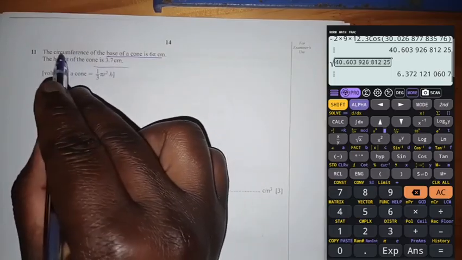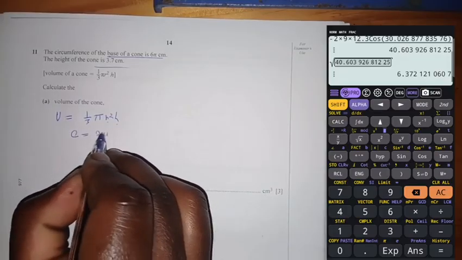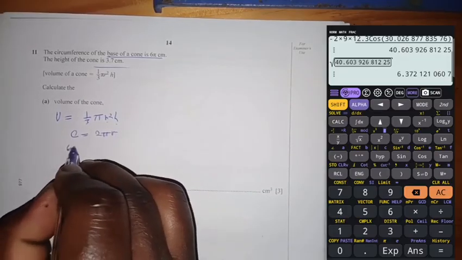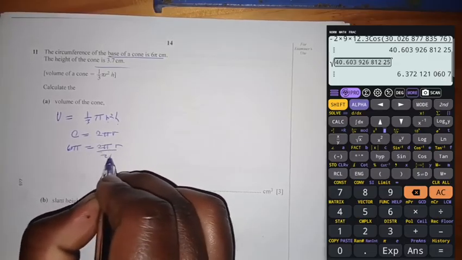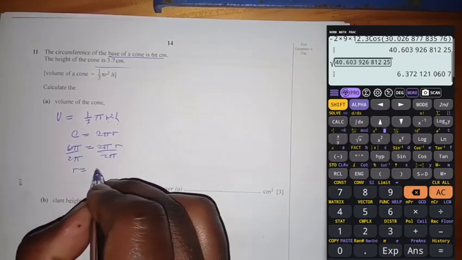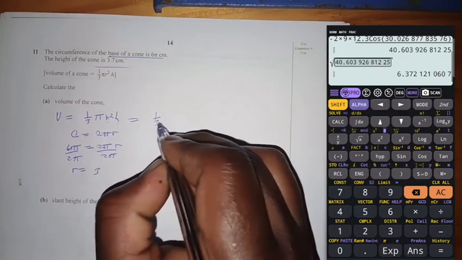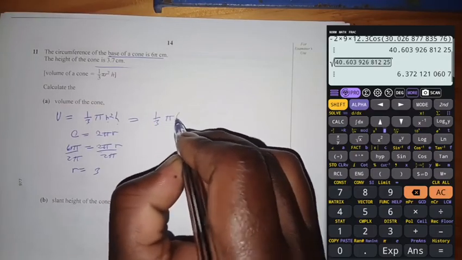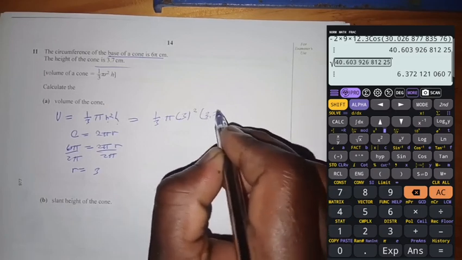But then I'm told that the circumference C is equals to 2 pi r, it's 6 pi. This is equals to 2 pi r. I'll divide this by 2 pi. Then r is equals to 3.